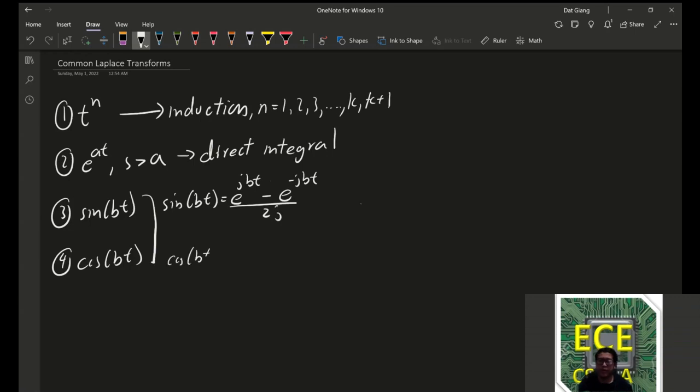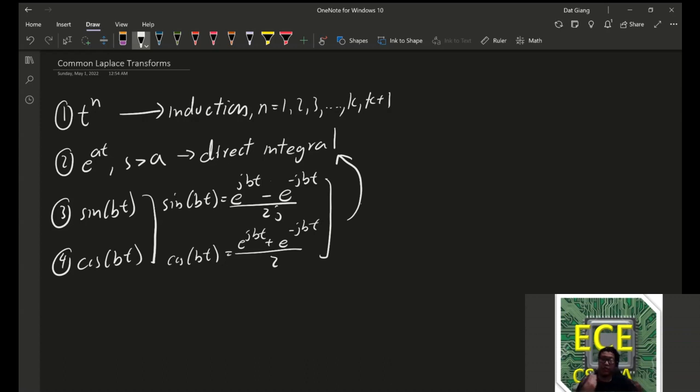Cosine of bt is equal to e to the jbt plus e to the negative jbt divided by 2. And from here, we can just apply the direct integral definition.